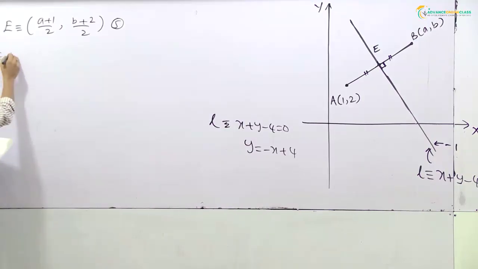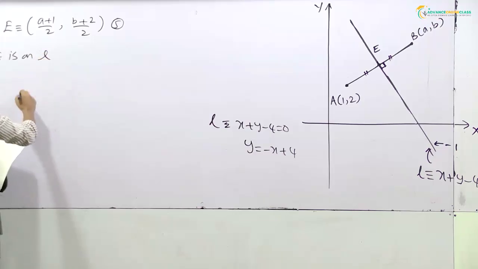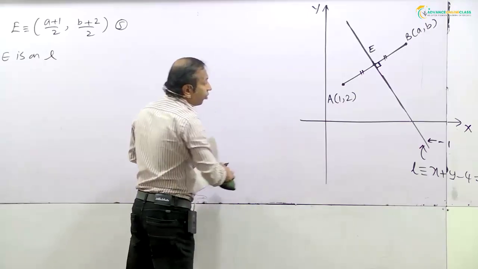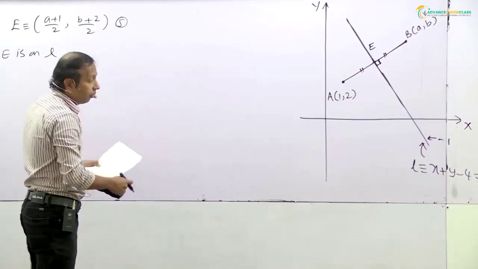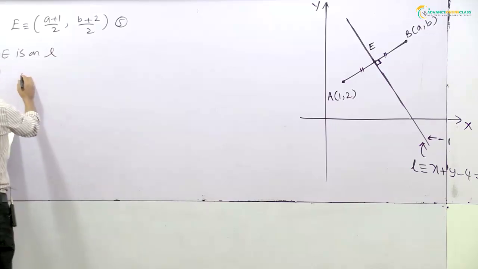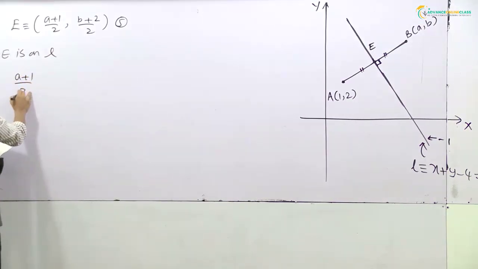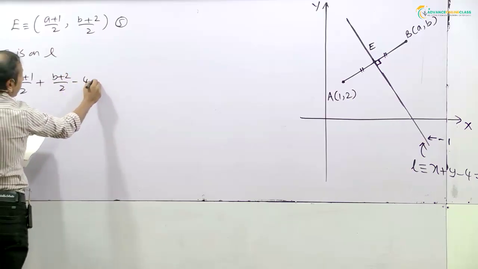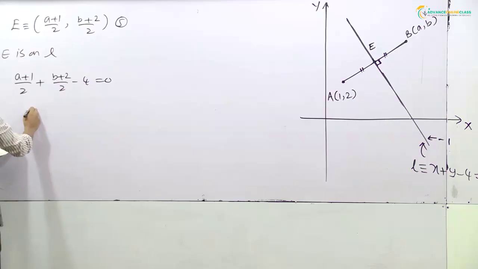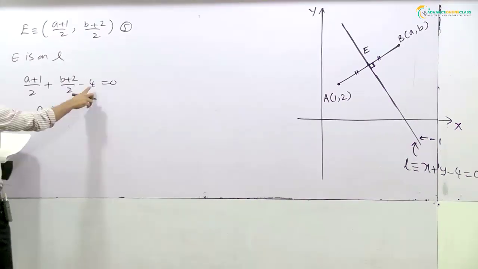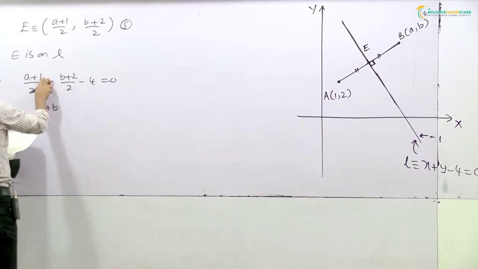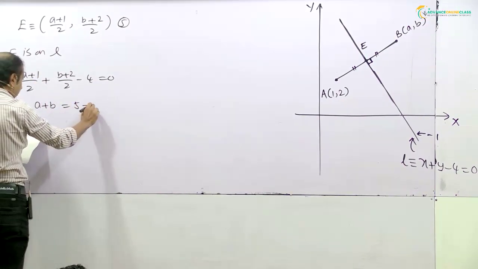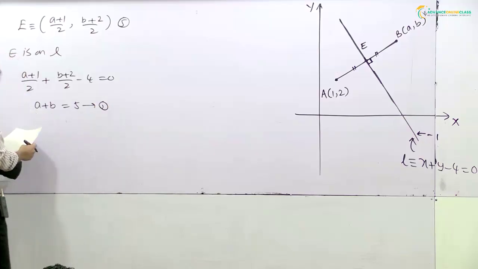E is on L. When E is on L, what can we say? The coordinates of E should satisfy the equation of L. Put x as (a plus 1)/2 and y as (b plus 2)/2, minus 4 equals 0. We get a plus b, minus 8, plus 3, which is minus 5. Take it to the right hand side: a plus b equals 5, equation number 1. 5 marks.